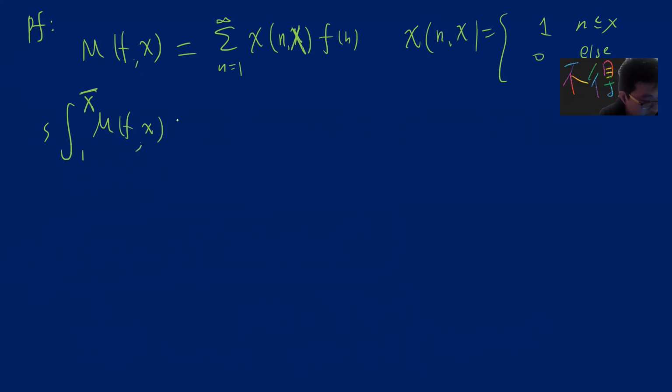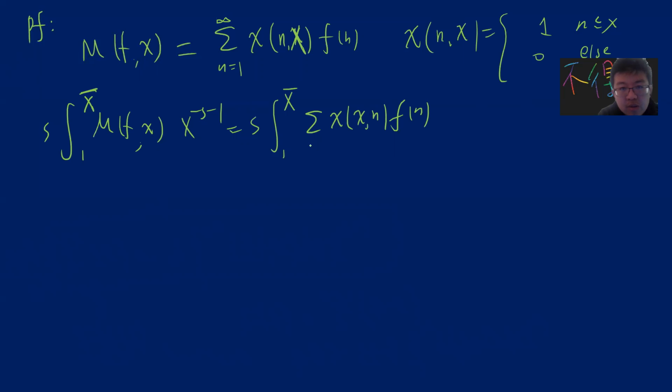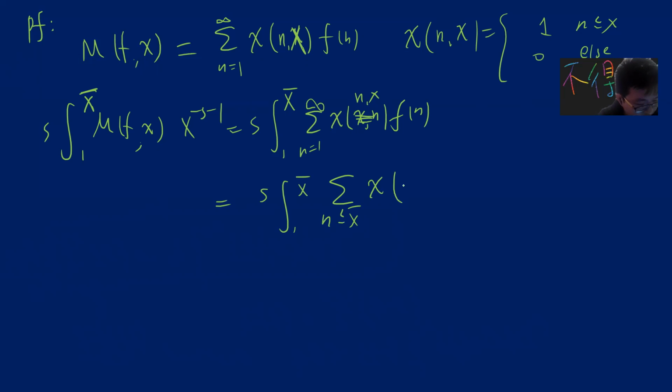Let's call it x bar, with x to the minus s. So this term can be written as the integral from 1 to x bar of the summation of chi of n, x times f of n. Sorry, my bad notation, this is n, x, and the summation is from 1 to infinity. So this is the integral from 1 to x bar, summation over n less than or equal to x bar, chi of n, x, f of n, x to the minus s minus 1 dx.